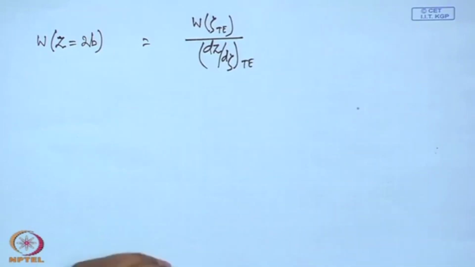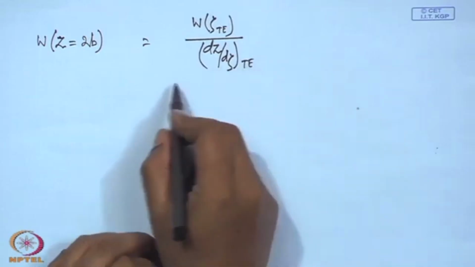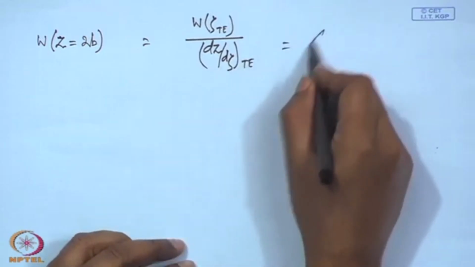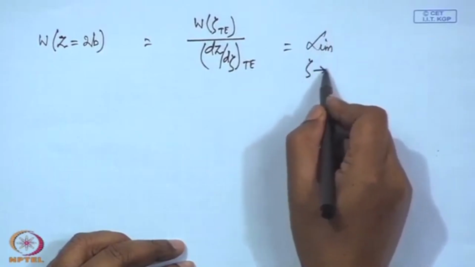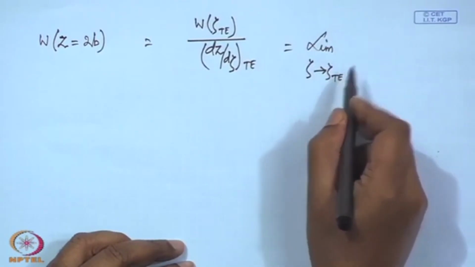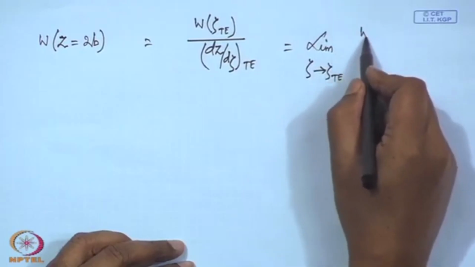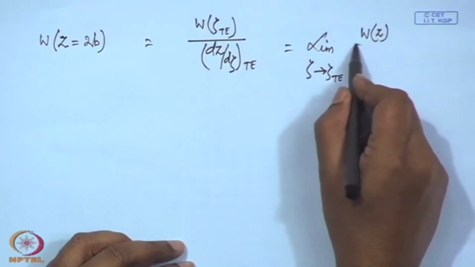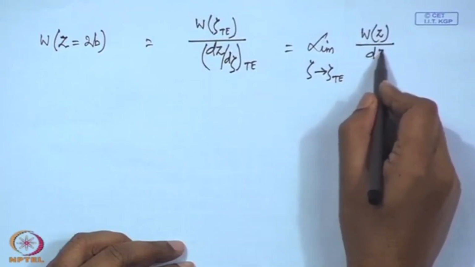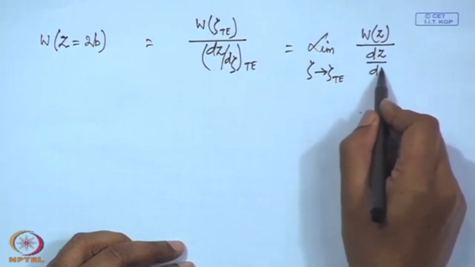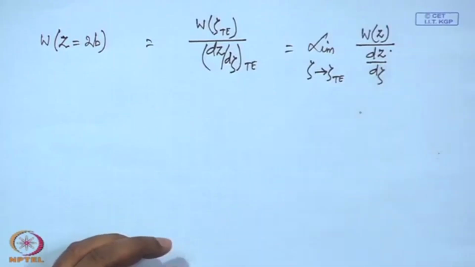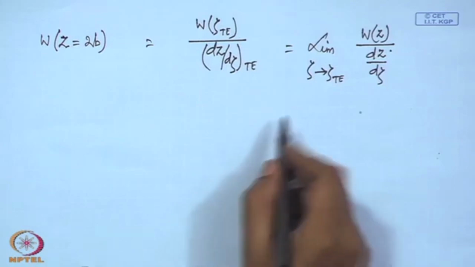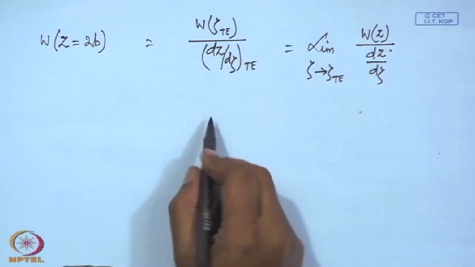So we take it as a limiting case. And this will be what?